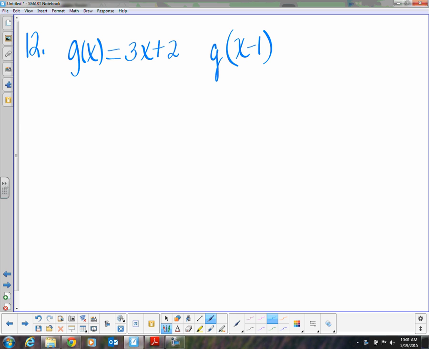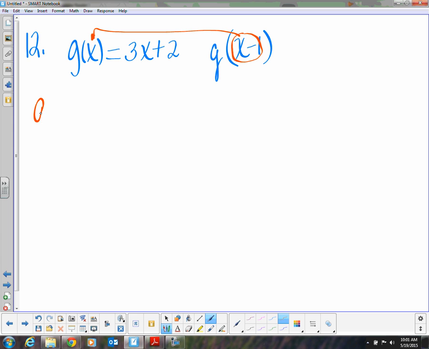Okay. So you're supposed to do g of x minus 1. Correct? Okay. So do you see, where is the x minus 1? It's in place of what?